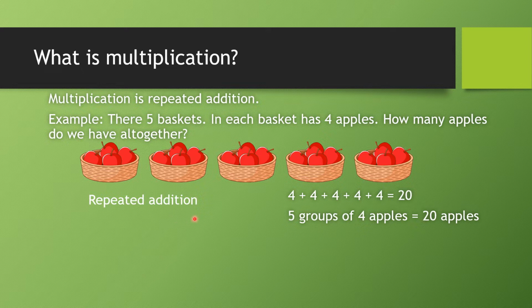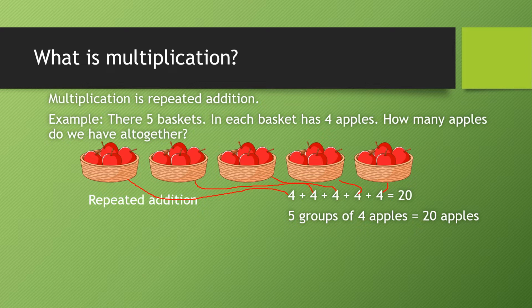So repeated addition. See now what we are going to do. This four, we will put here, and this four here, and this four here, and this four is here, and this four is here. So we want to know how many apples we have altogether.